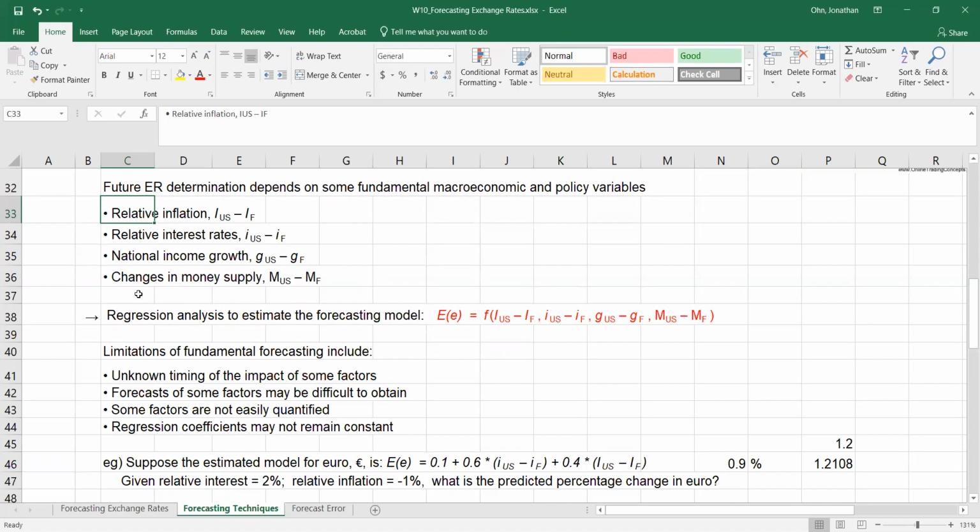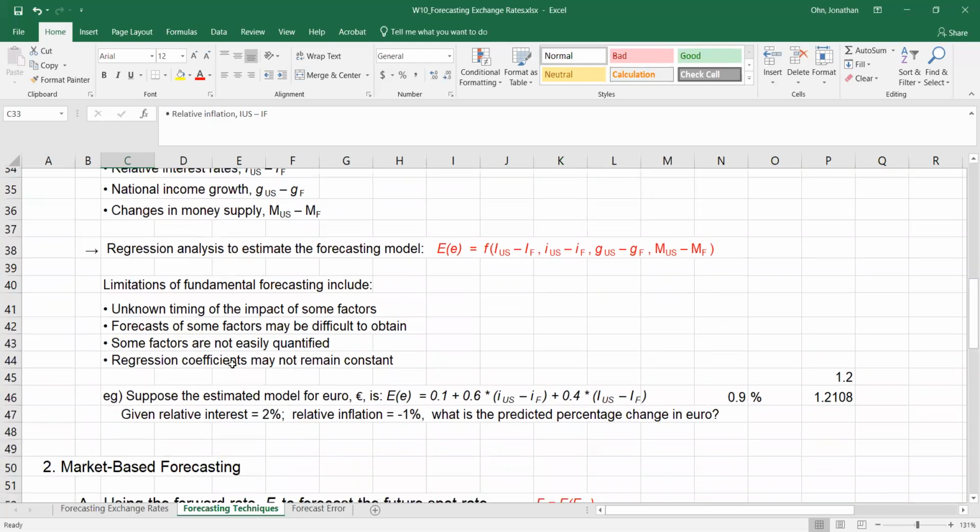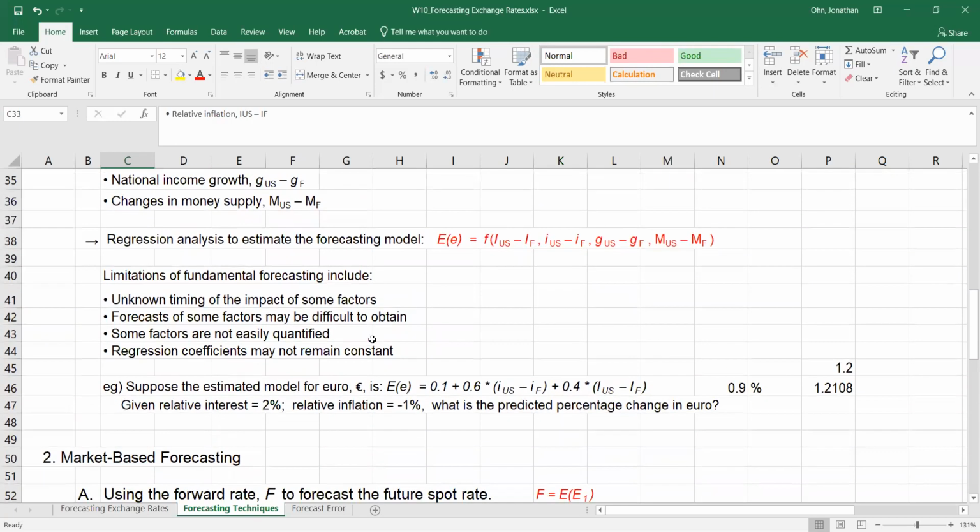It takes a longer time for relative inflation to start to have real impact on the exchange rate. So one of the problems that you will solve is this one: the timing is T, but the inflation timing is T minus 1.